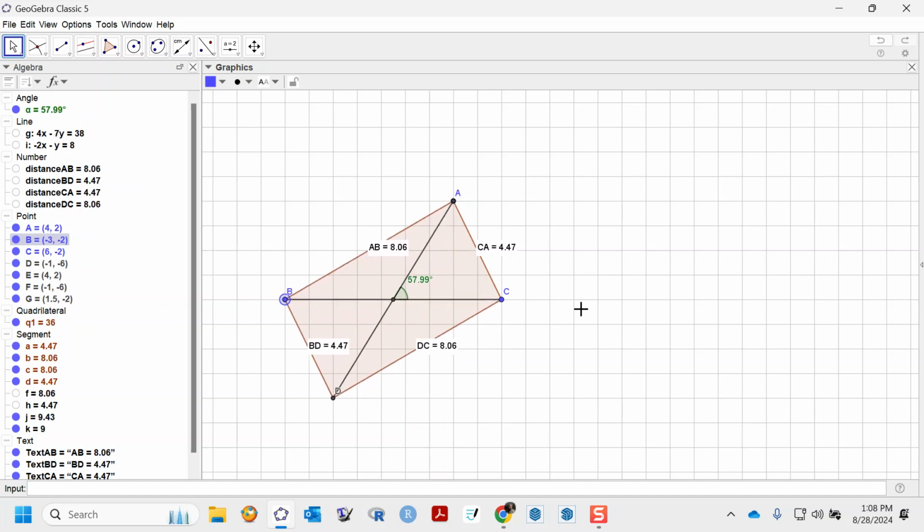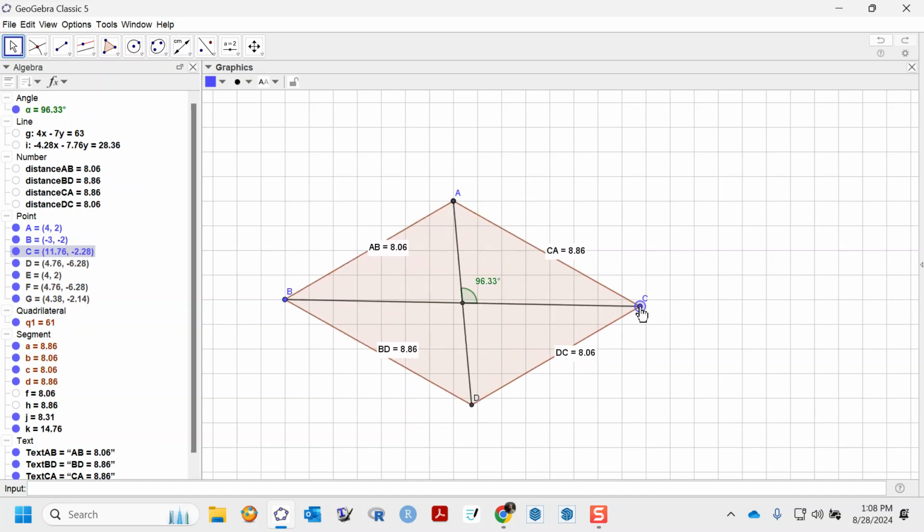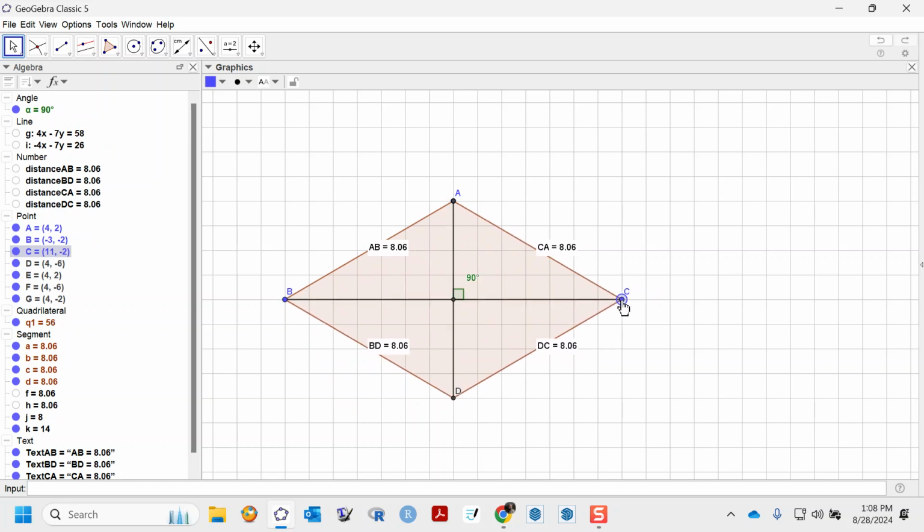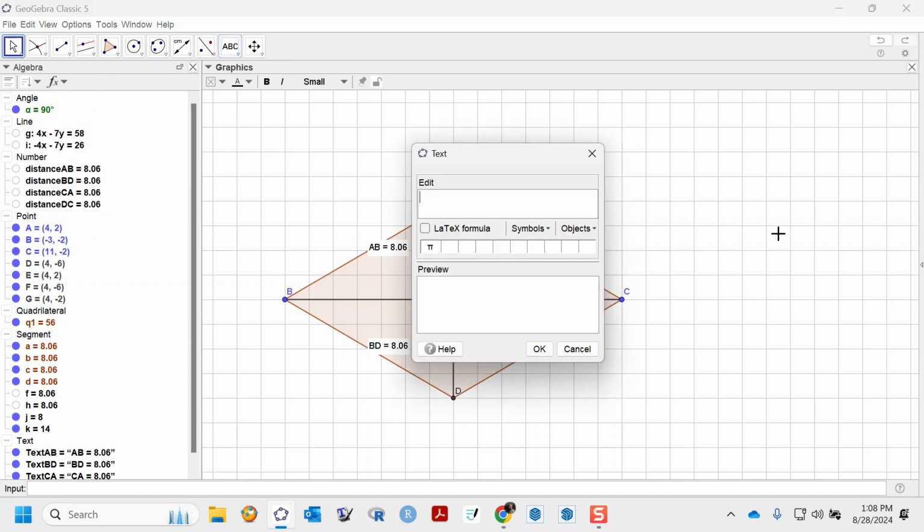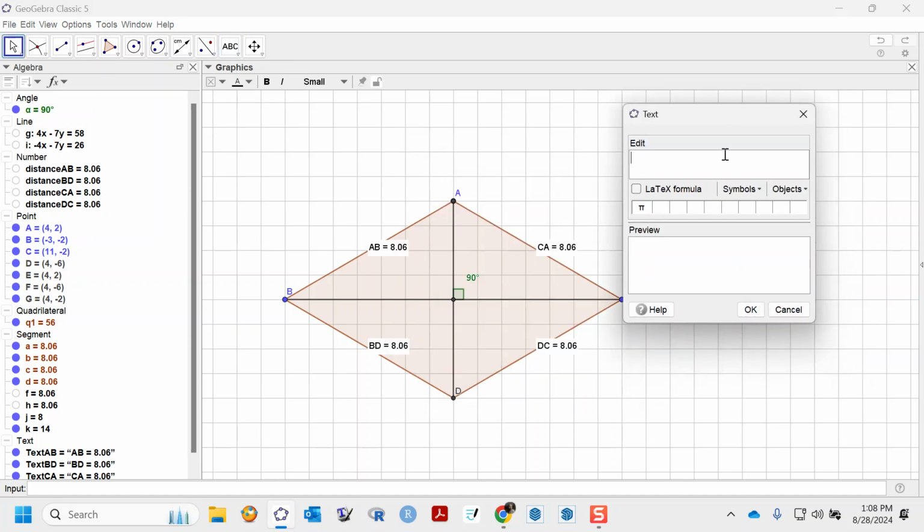Kind of fun to just play around with this just to see. Maybe I would leave a little bit of a note to a user here that says what to do with the diagram. So I'll go ahead and use the text tool and type up a little bit of instructions.